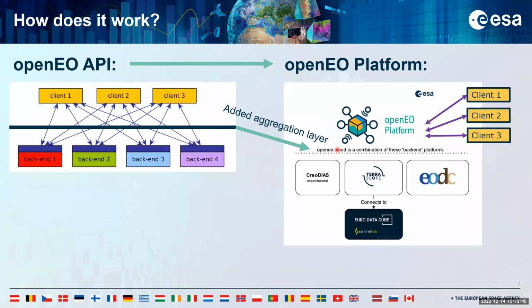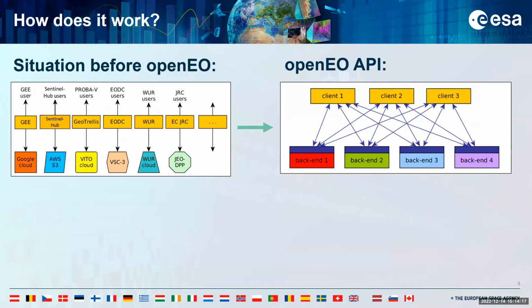So you have an additional aggregation layer so that the user doesn't need to define the specific backend where to run the Earth observation analysis, but only communicates with this platform layer, so basically an aggregator or federator, and the analysis runs underneath that aggregation layer and runs on the various backends. Exactly.